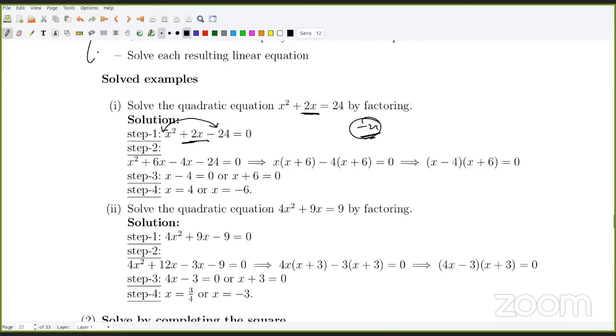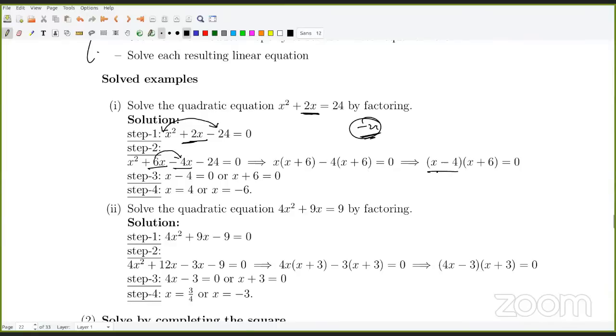You have to split this 2x like plus 6x minus 4x. Now you see, if you multiply 6 with minus 4, you will get minus 24. That is how you should factor it. Once you do this, you take x common from the first two terms, and minus 4 common from the next two terms. You are going to get x times x plus 6 minus 4 times x plus 6.